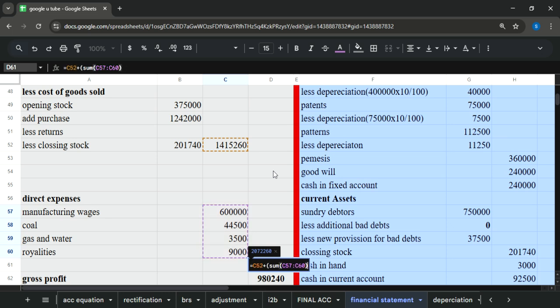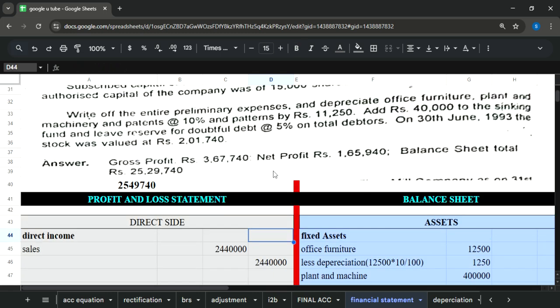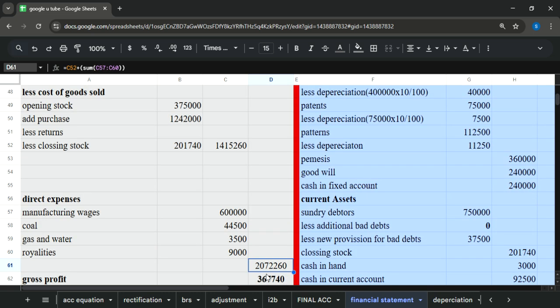So here we have got total cost of goods sold statement, and secondly net sales. It means our gross profit has been calculated.